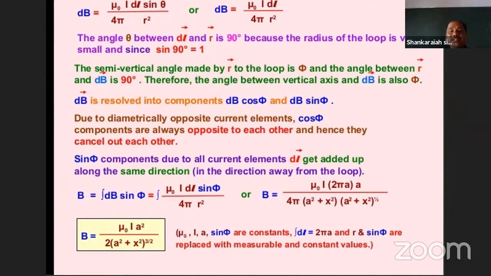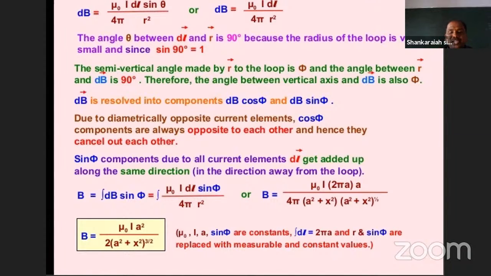L is the length of the circumference of the coil. The length of the circumference of the coil is 2 pi a, where a is the radius. But here sin phi, by the mathematical formula, is equal to opposite side by hypotenuse.